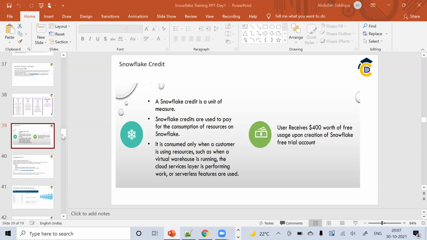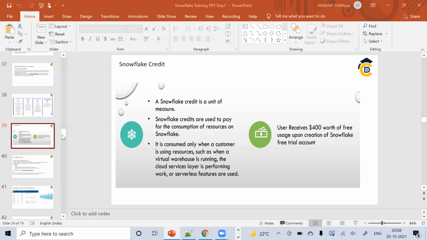The pricing model. As you know, cloud service providers have a particular pricing model, or for that matter, anybody in this world who has a business will have a particular pricing model, right? As far as cloud is concerned, the general definition is that you have to pay as per your usage.